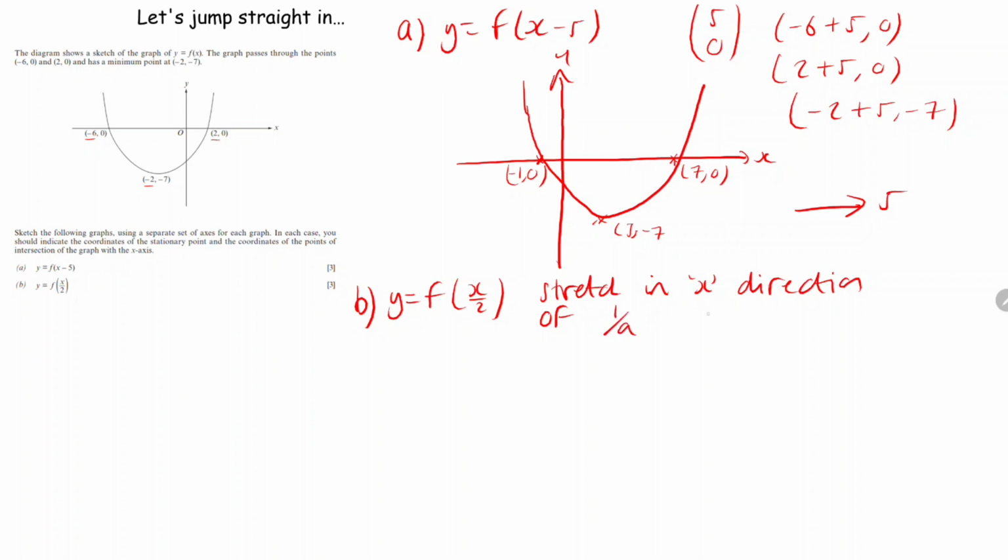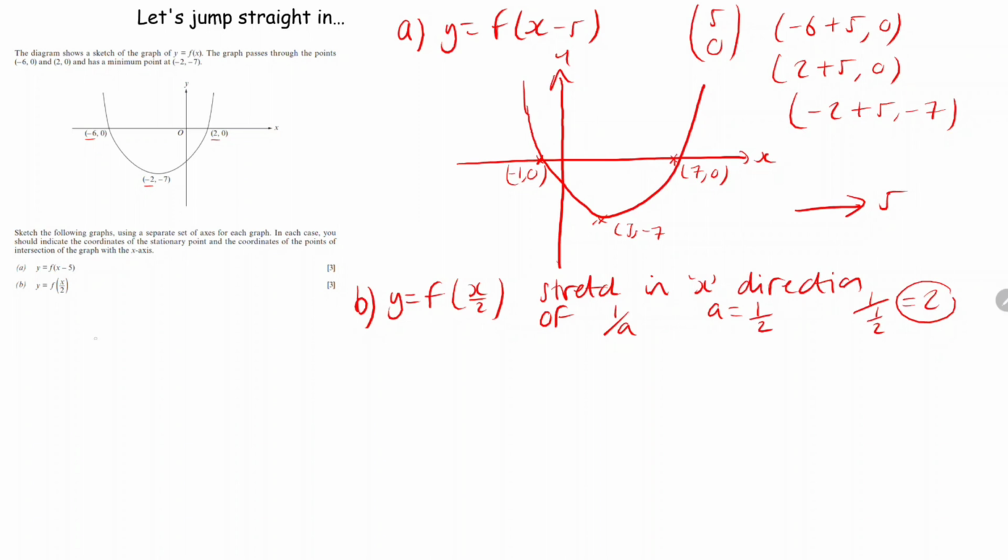Now what we notice here is that our a value for this one is half. So our stretch is going to be 1 over a half, which is equal to 2. And so we're going to multiply all our x coordinates by 2.